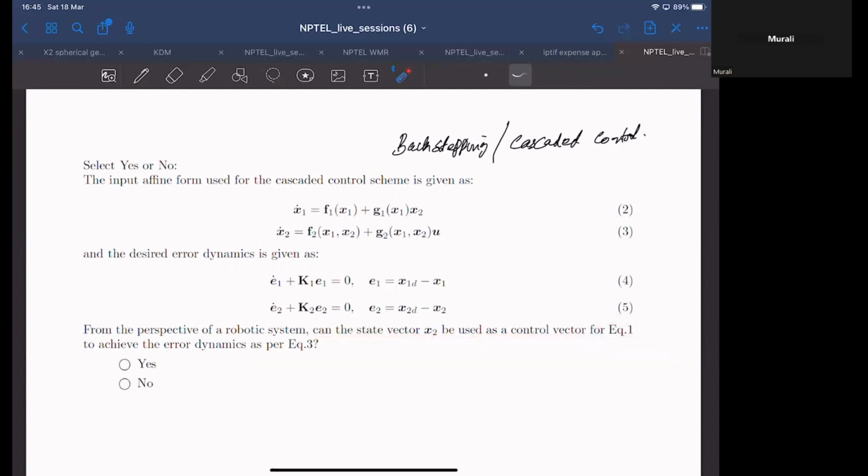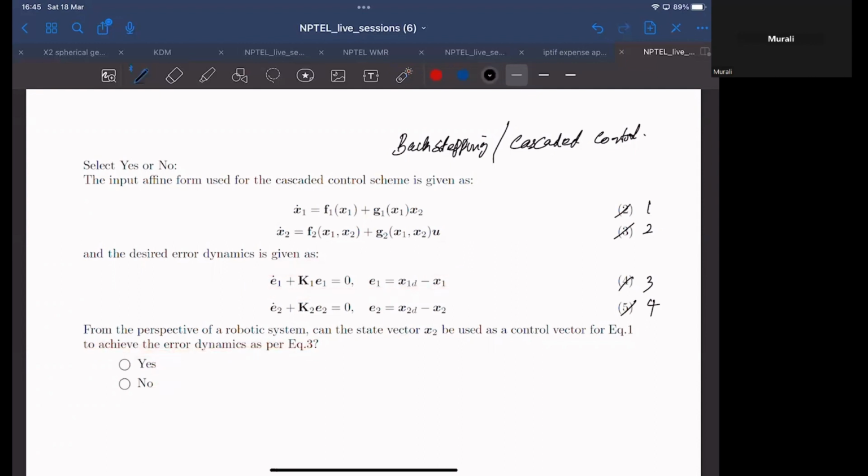I guess there is no equation 1 here. There is a numbering error. We will consider this as equation 1, 2, 3, and 4. So the question says, from the perspective of a robotic system, can the state vector x2 be used as a control vector for x1 to achieve the error dynamics as per equation 3? Is it yes or is it no?